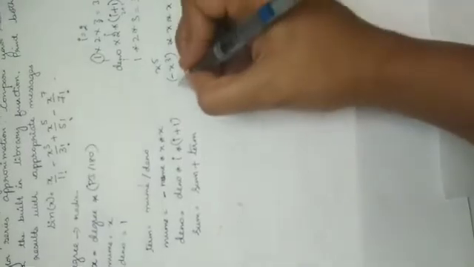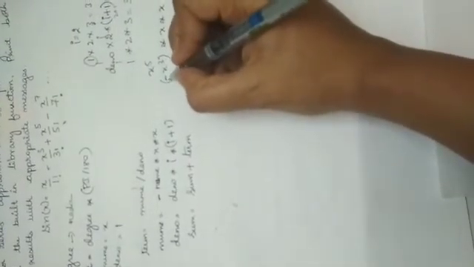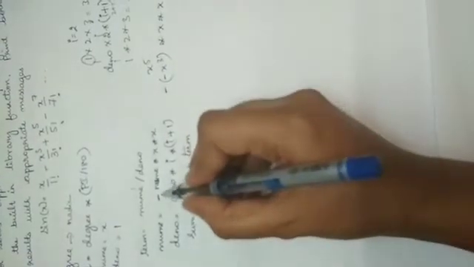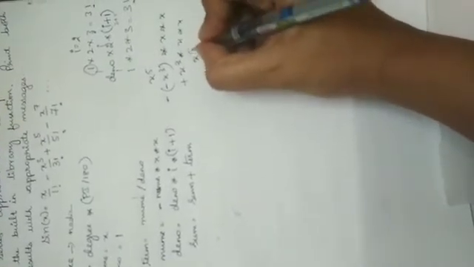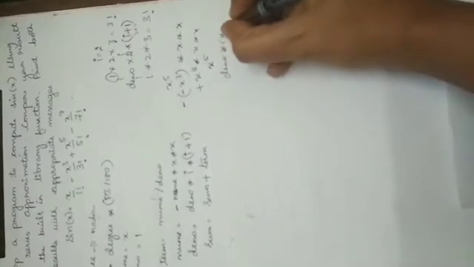My term already has a minus, so minus into minus becomes plus, x power 3 into x, so I am going to get plus x power 5. In the same way, I can get 5 factorial from the denominator into i plus 1. Previously the denominator is 3 factorial, and I can increment i by 2, because each time it differs by 2.